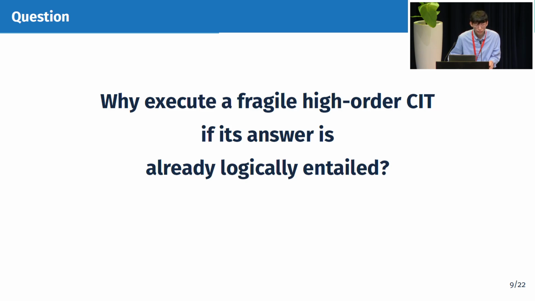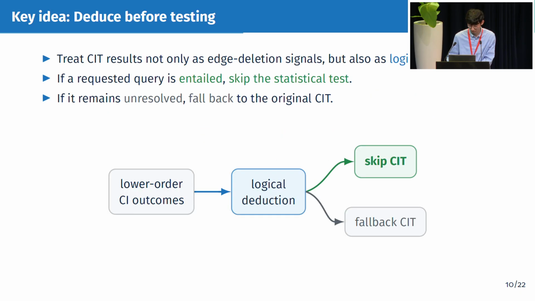So this motivates the central question of our work. Why execute a fragile high-order CIT if its answer is already logically entailed by strictly lower-order CIT results? Our key idea is therefore to deduce before testing.